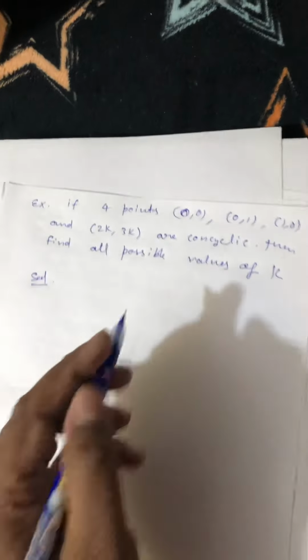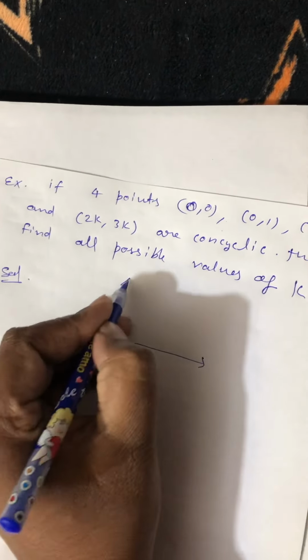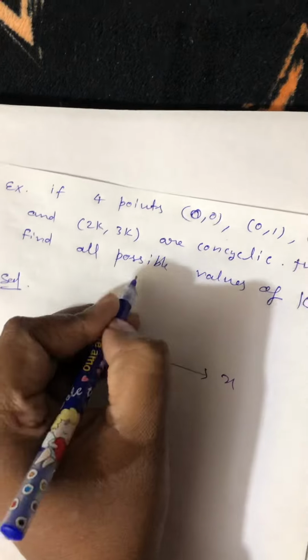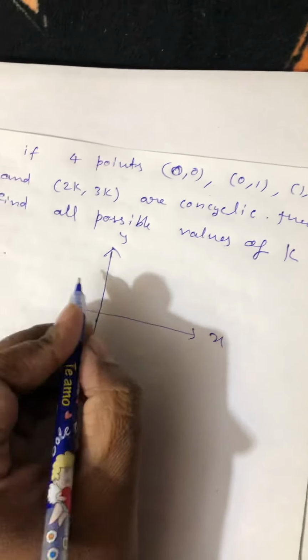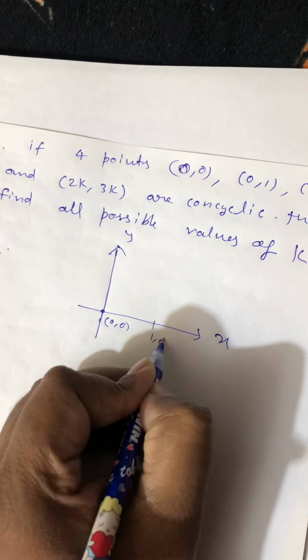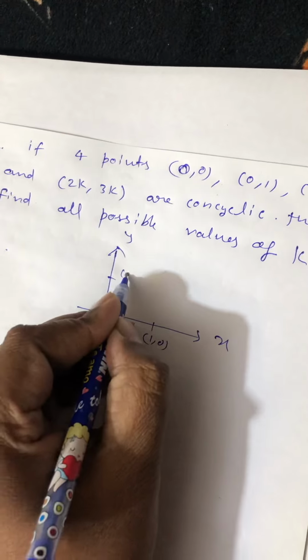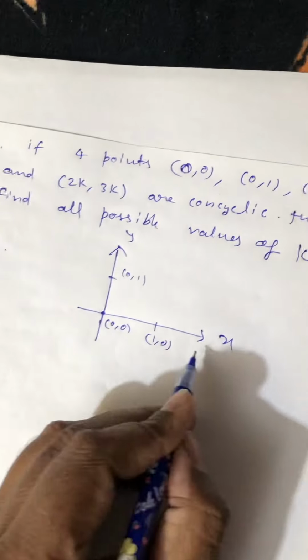Whenever we solve a geometry question, we try to figure out all these points on the x and y axes. Suppose this is my xy coordinate plane, this point is (0,0), the next one is (1,0), and this one is (0,1). I can easily draw these points on the xy plane.